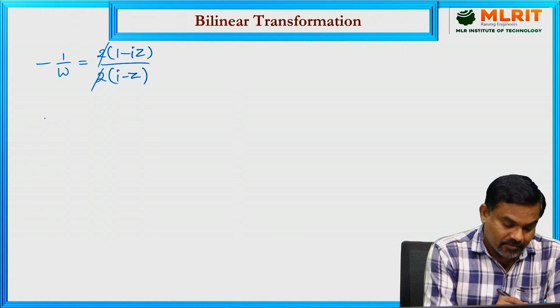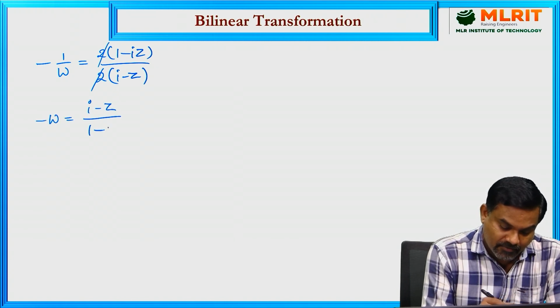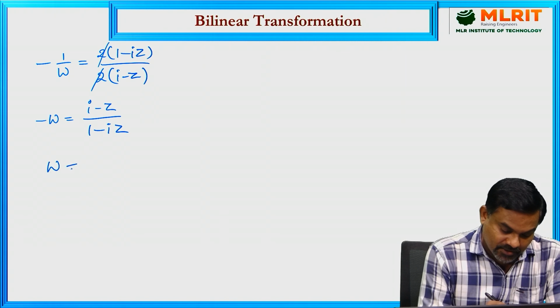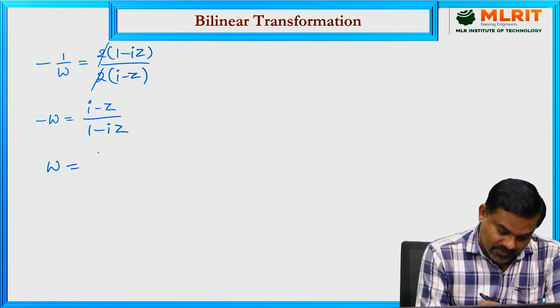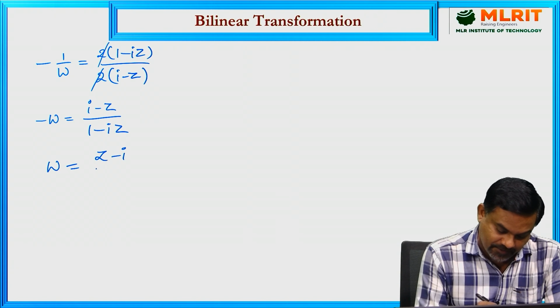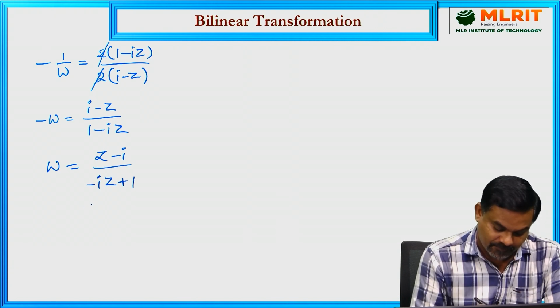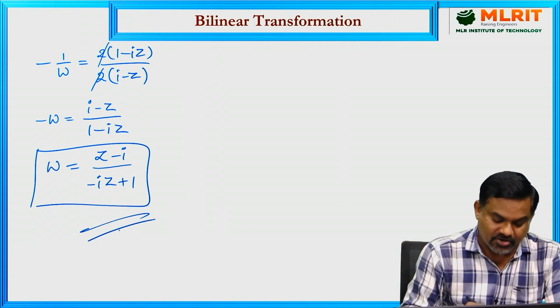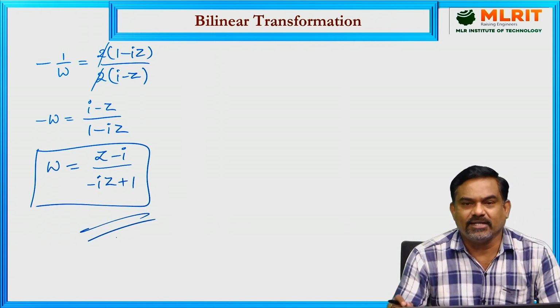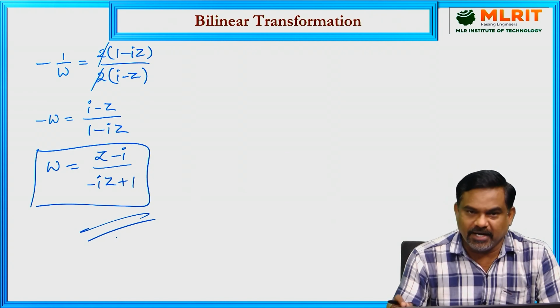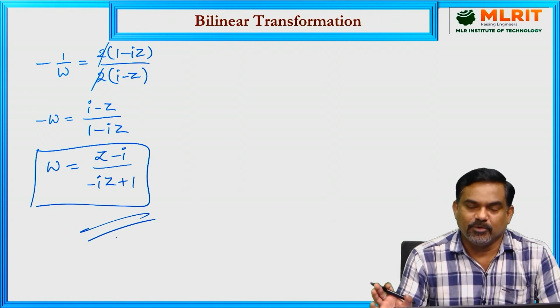So minus w equal to I minus z by 1 minus iz. So w equal to, this minus sign goes this side, so z minus I by minus iz plus 1. This is the bilinear transformation that transforms the points in the z plane to the points in the w plane.